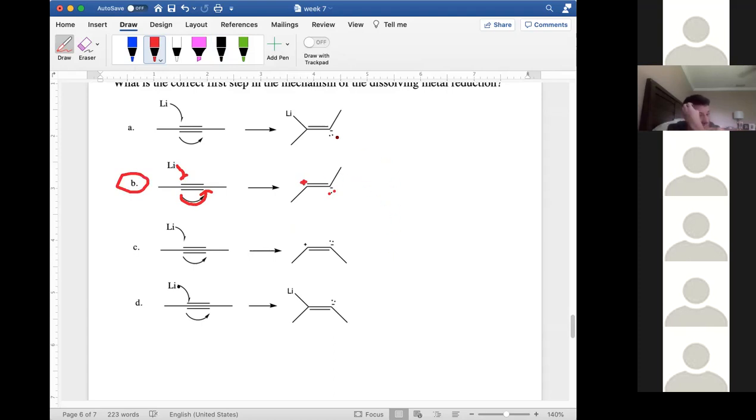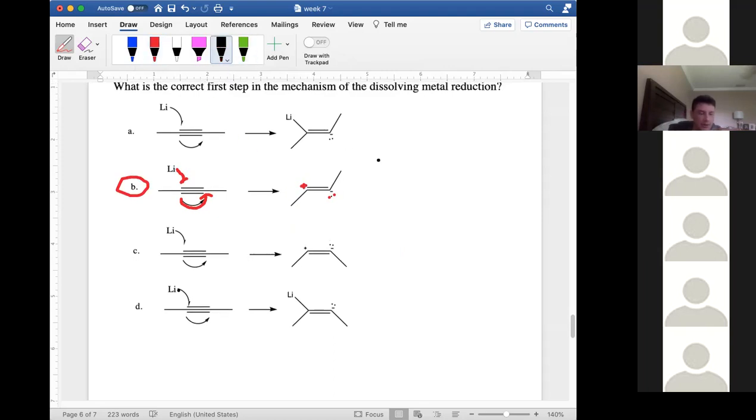You guys don't have to know much about that, but so say here, you guys remember, so metals with an amine, you create a trans double bond.